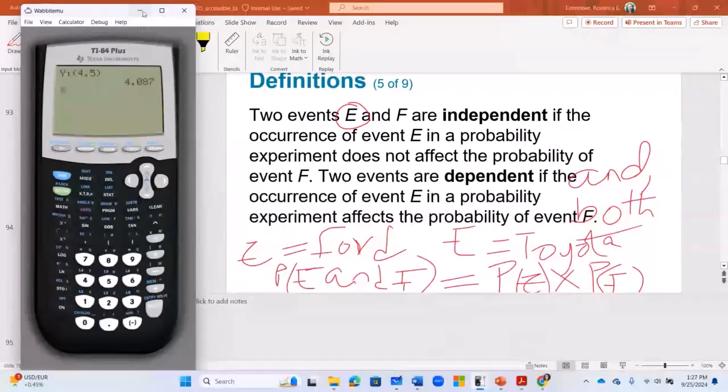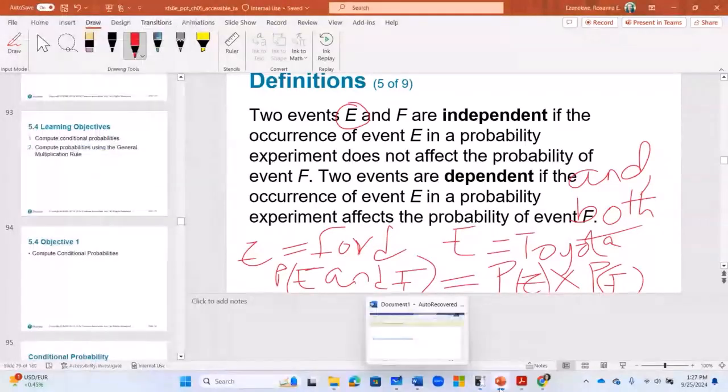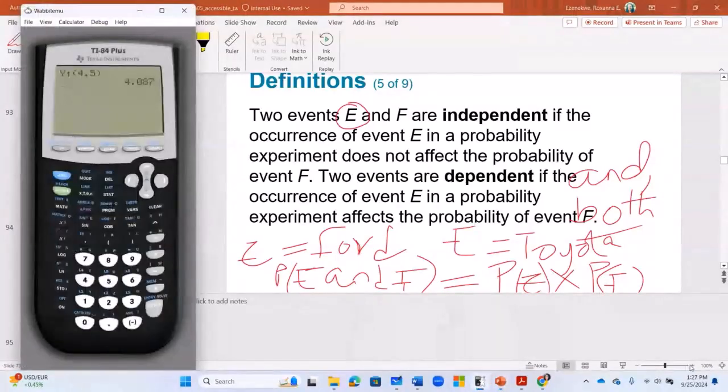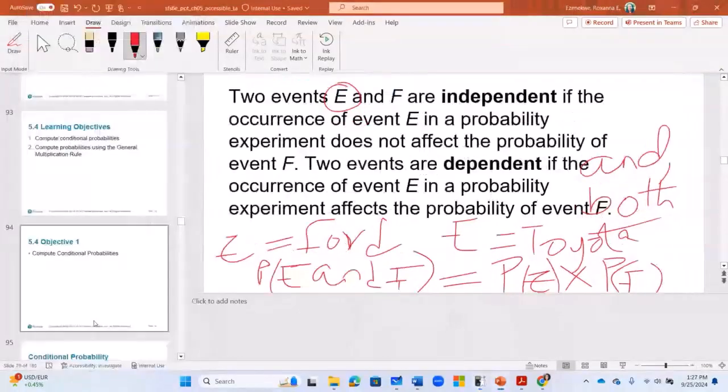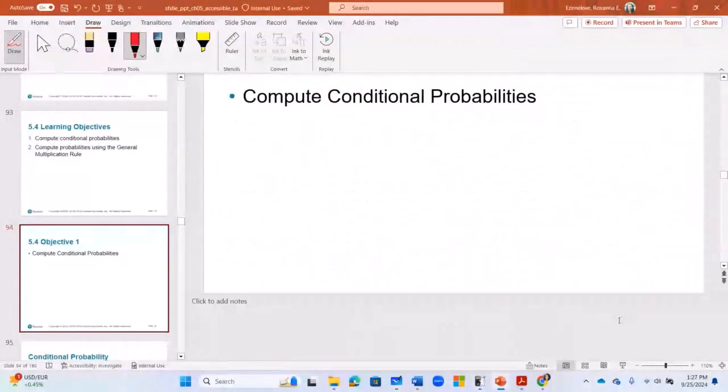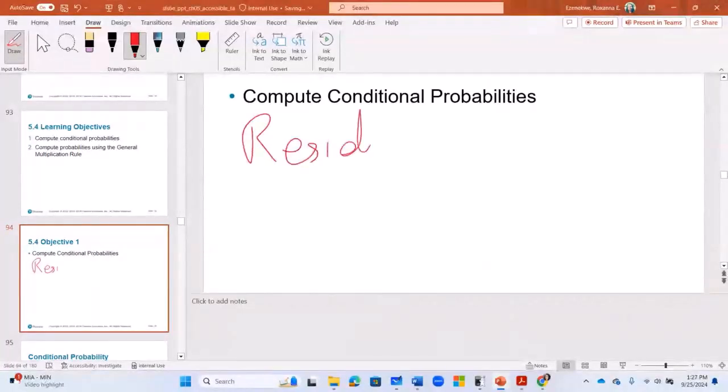So let me show you how to use your calculator to do residual. By the way, residual is calculated as residual is equal to original y minus calculated y, or observed y minus predicted y.